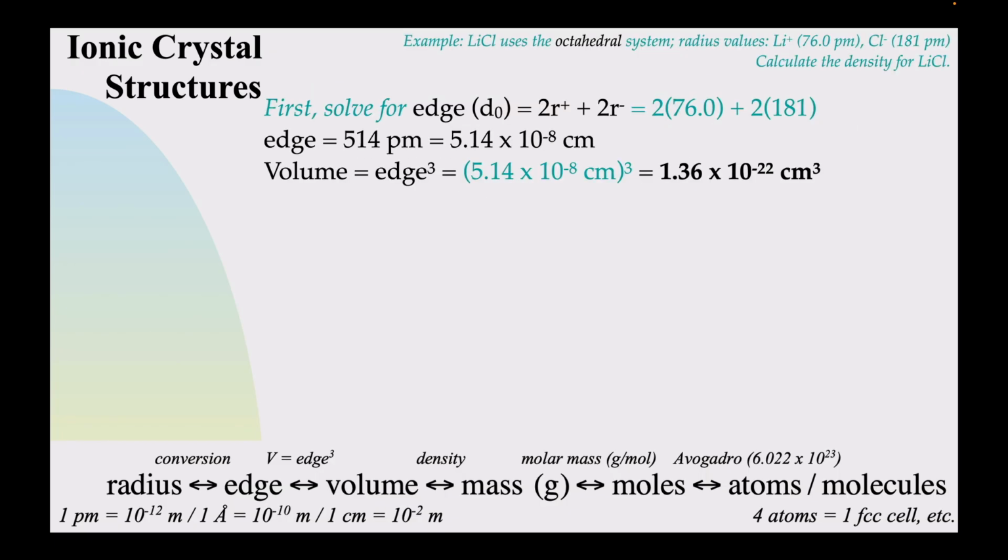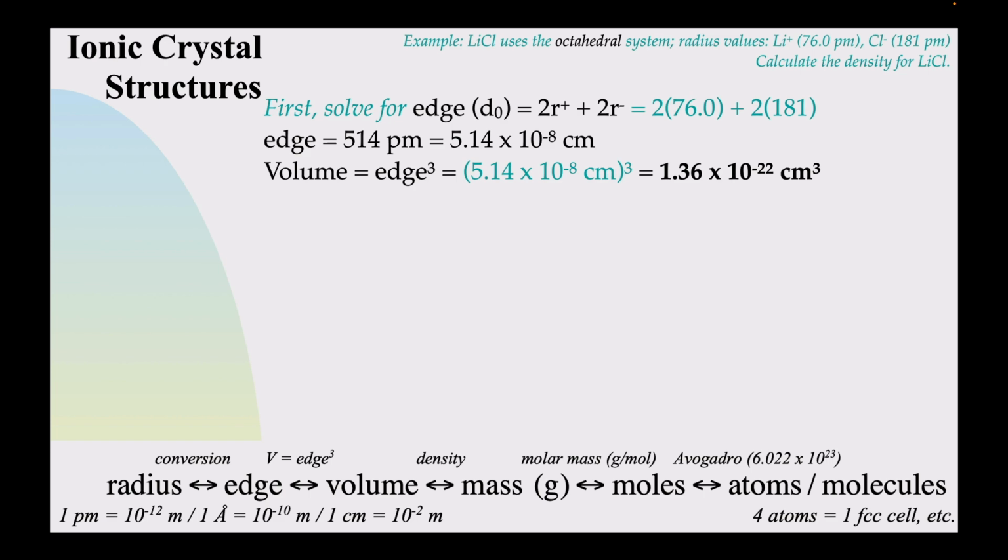So what I would do first is I would start with the radii values, 2R plus 2R minus. Again, that's 2 times the lithium plus radius plus 2 times the chloride radius. So 2 times 76 plus 2 times 181, it comes out to be 514 picometers. And like before, the next step, we're going to take that edge and cube it to get a volume, and volumes are almost always in centimeters cubed.